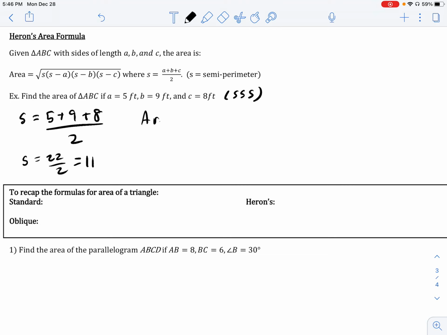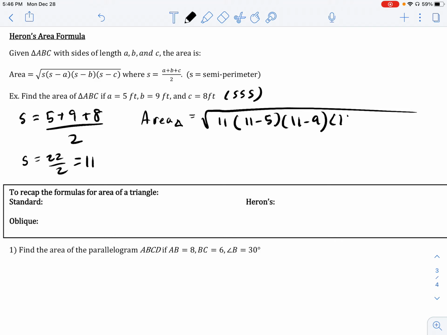Now the area then of this triangle would be the square root of S, which is 11, times the difference of that side length minus the others, all 3 sides. So 11 minus the first side, which is 5, 11 minus 9, which is that second side, and 11 minus 8, which is that final side. I went a little crazy with that radical sign there, but it's okay.